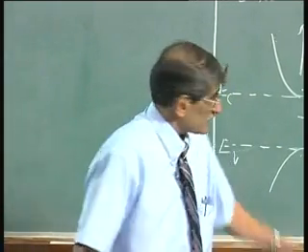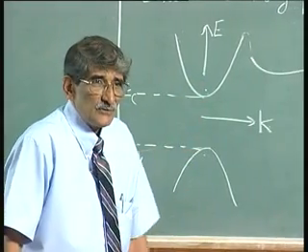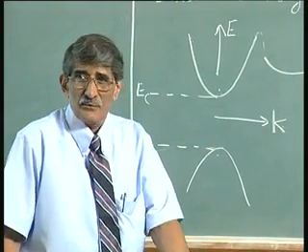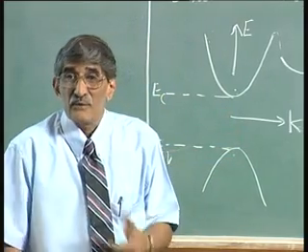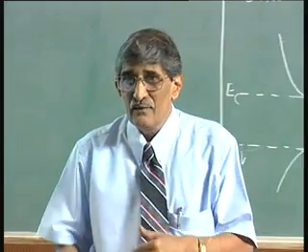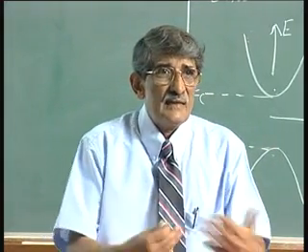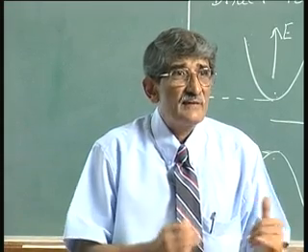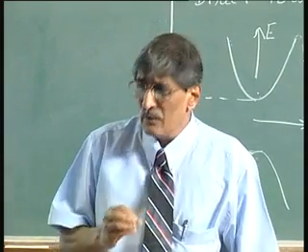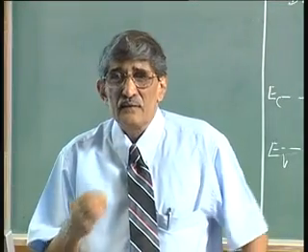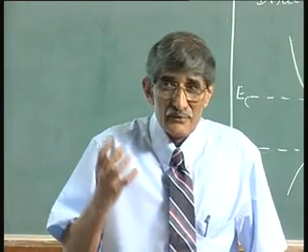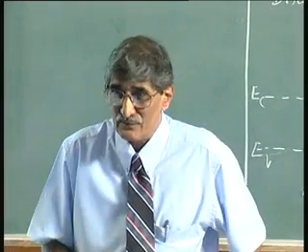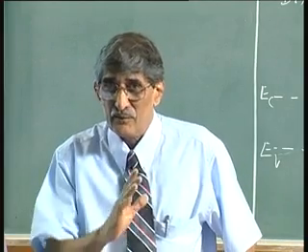You shine light, the transition can be from there to here. You inject carriers, they can fall from here to here emitting light. So, the process is reversible in both directions, light emission or light absorption can be easily done. So, some of the photo optical or optoelectronic devices, which also are some of the high speed devices today, will be useful, not for microelectronics.